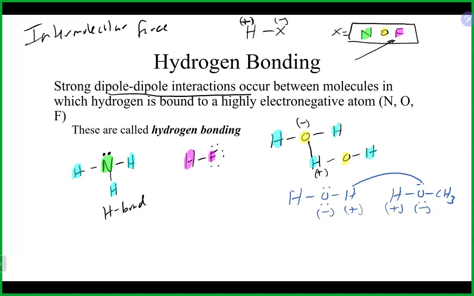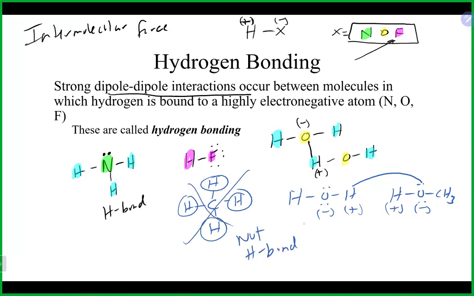Now, just because you have a hydrogen doesn't mean that you have the ability to hydrogen bond. For example, if you took something like methane, which is loaded with hydrogens, this cannot hydrogen bond, for a couple of reasons.